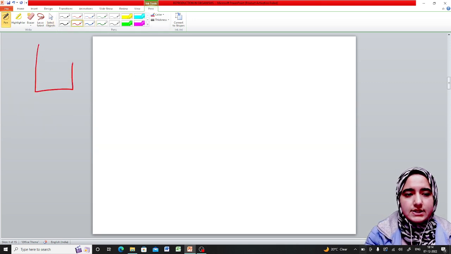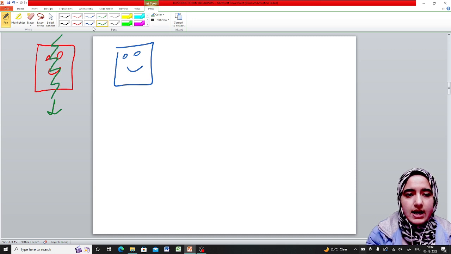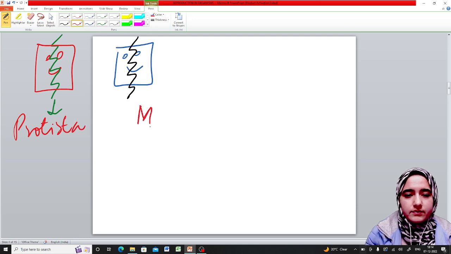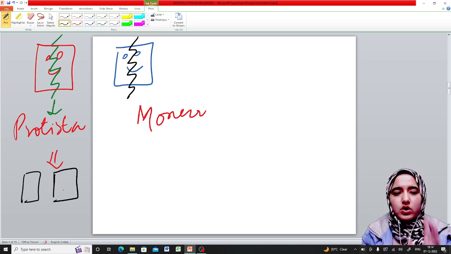Say for example, this is a protist, and this is a monera. This protist will undergo cell division, and the division will take place like this. This monera will also undergo cell division. After cell division, this protist will convert into two; I mean it will give rise to two offspring.